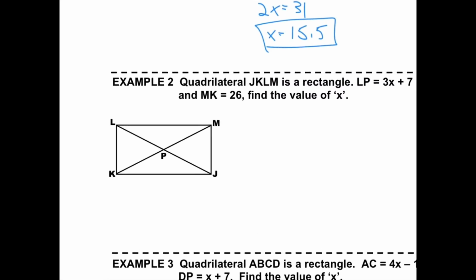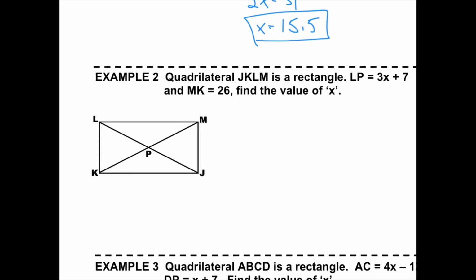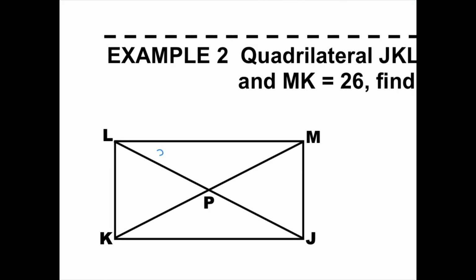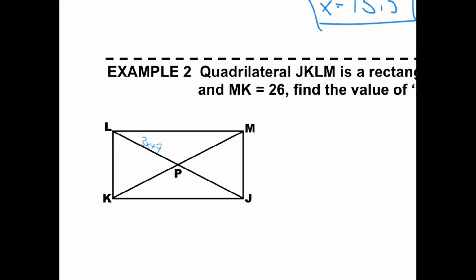Now this one's a little bit tougher. It says quadrilateral JKLM is a rectangle. From L to P is 3x plus 7. So that's just this one little piece right here. 3x plus 7. And then it tells me that the whole diagonal from M to K, so this whole thing, is 26. Now this is sort of like problems we've done before. I need to remember that this diagonal, or it's half a diagonal, is equal to this one.